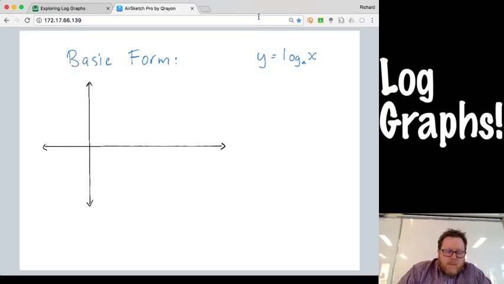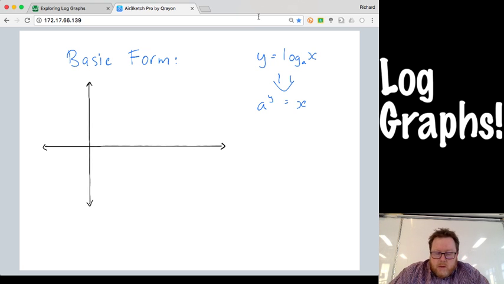But I think maybe to make it a little bit easier to see what's going on, let's rewrite y equals log base a of x into exponential form so we can see where the a and the x fit in. So remember that if I rewrite that, I would get a to the power of y is equal to x.